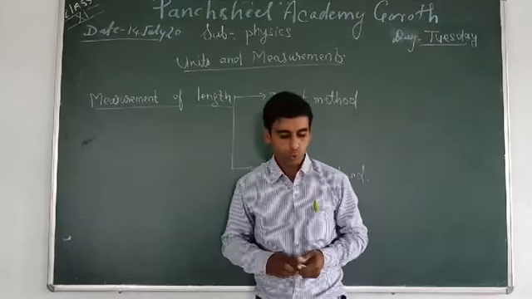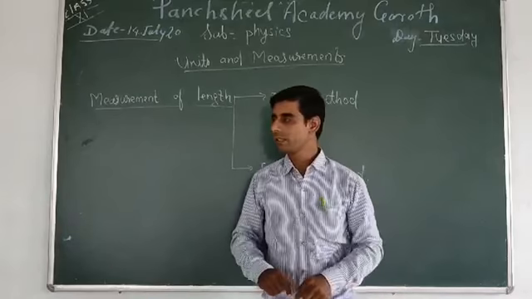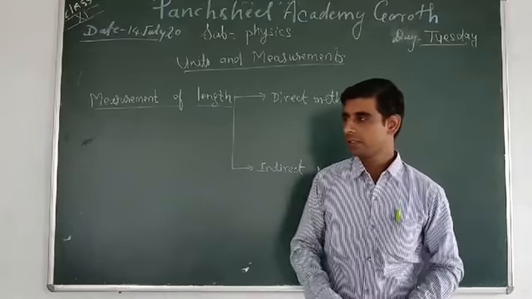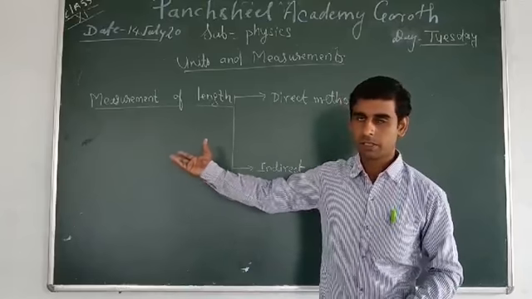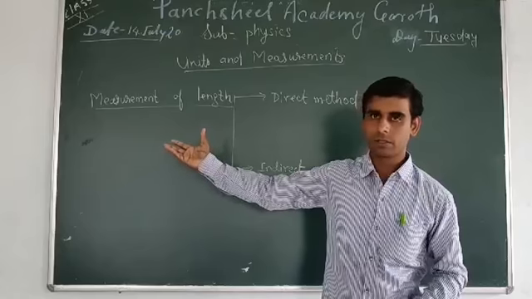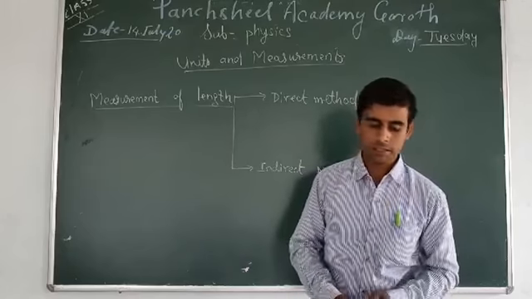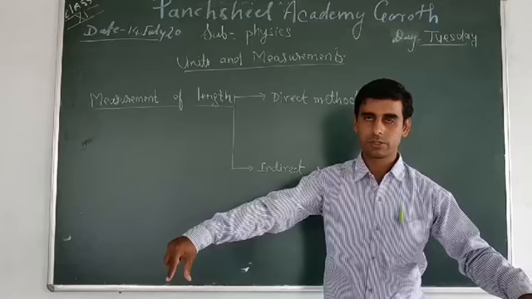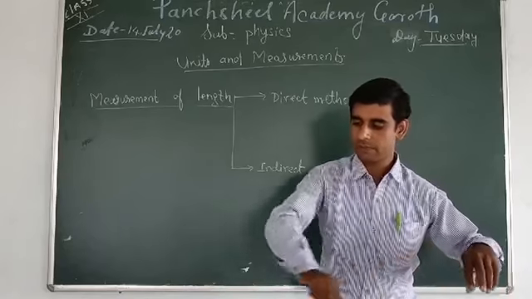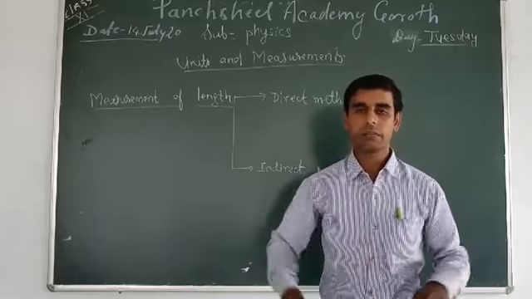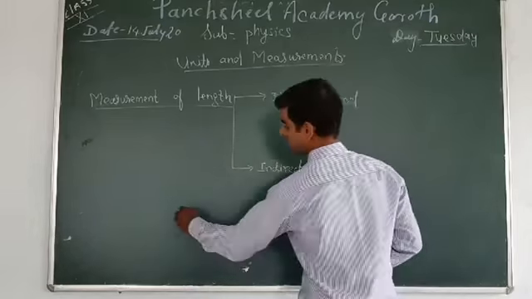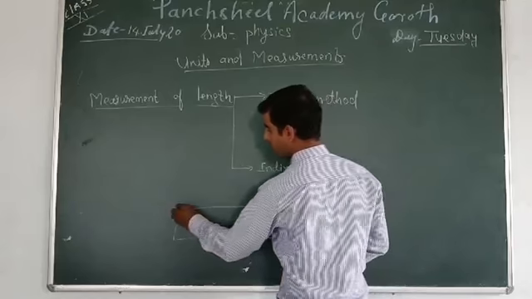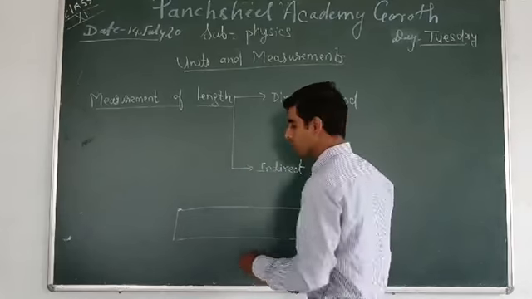Suppose you want to measure the length of a table. Initially, we take a centimeter or meter tape or inch tape, with a first initial point and a second final point. So the distance between initial and final we can measure directly. Suppose this is a table and I try to measure its length.